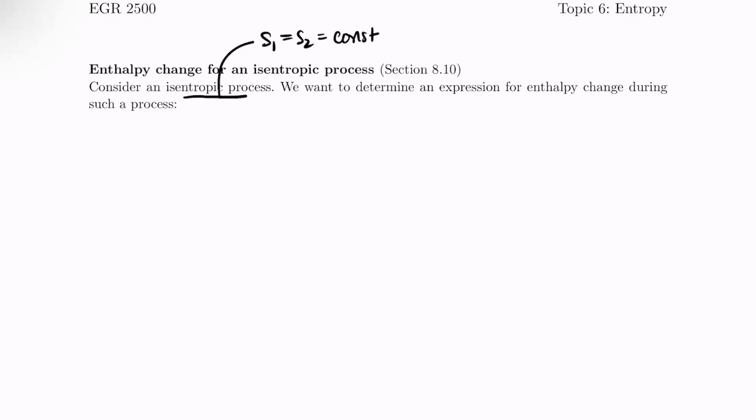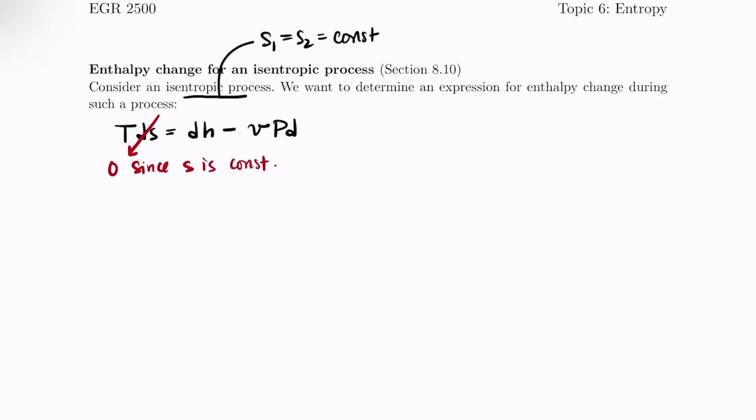So we're going to start with the TDS relationship: TDS is equal to DH minus VDP. Since entropy is constant, the differential change in entropy is going to be 0.